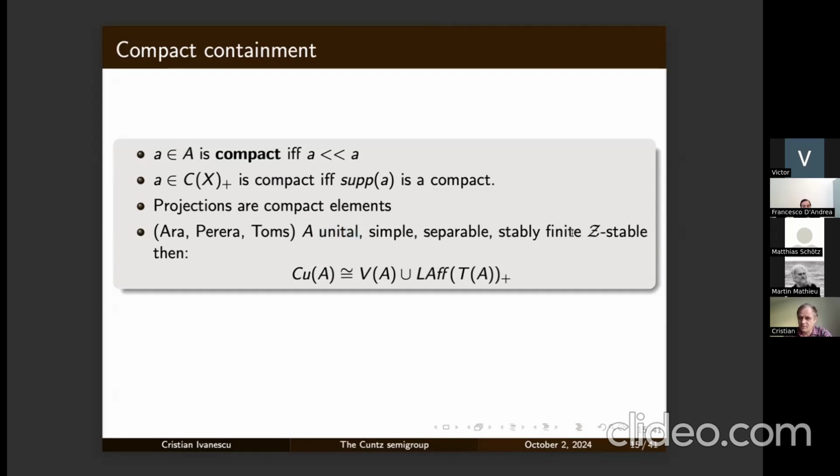Again, I will explain later in my presentation what Z-stable means. Then the Cuntz semigroup has a representation. Think about GNS for a C*-algebra. It's a very similar type of idea. So the Cuntz semigroup has a representation as these are the compact elements or the projections, and these are the pure positive elements, which are represented by the semigroup of lower semicontinuous affine functions on the tracial cone of the algebra.